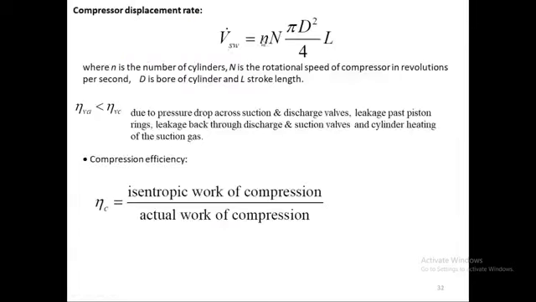So the rate of the compressor displacement in terms of volume, V dot SW. Pi by 4 D square will be the cross-sectional area of the piston. D is the bore of the cylinder, so D is the diameter of the cylinder, and L is the stroke.